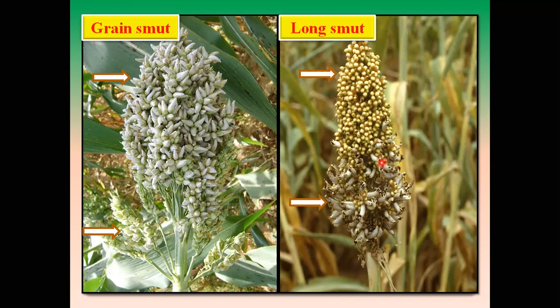If mechanical pressure is applied, they release the black powdery mass. This is the symptom of long smut.